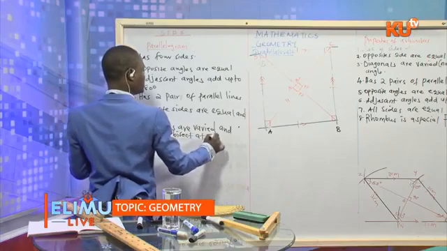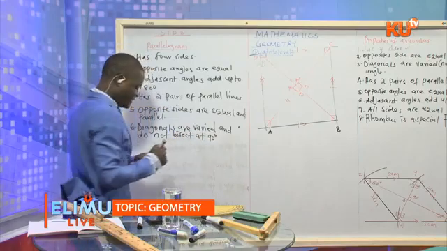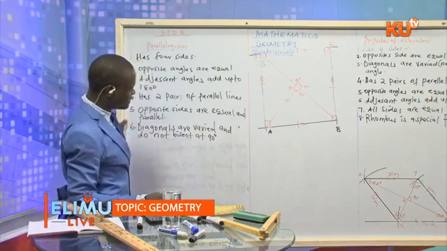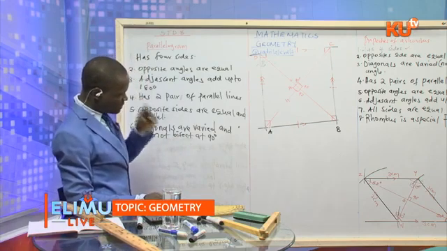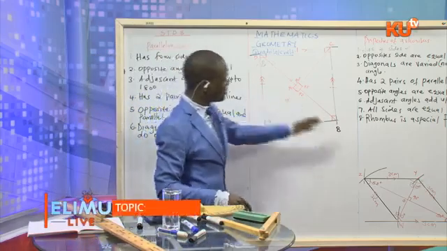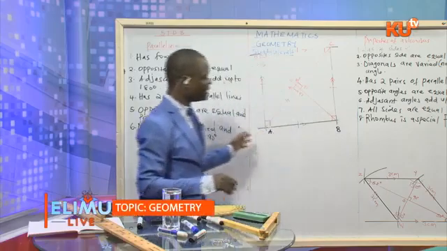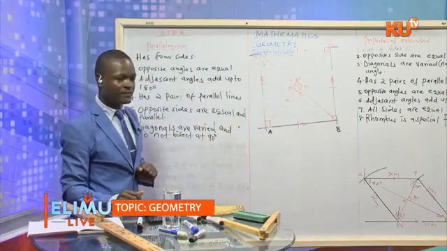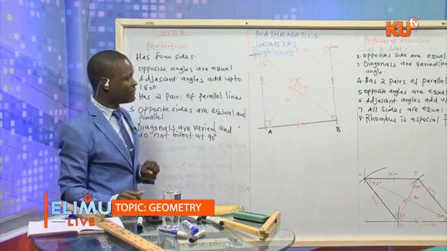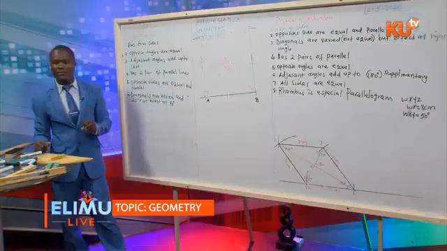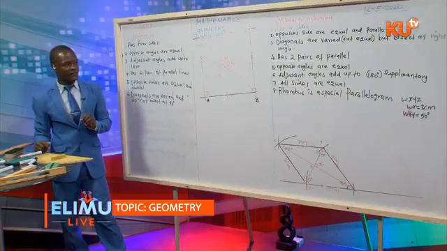at 90 degrees. So learners and viewers, there's another important thing that you need to understand, and this is a question that's always common: a square and a rhombus are the only quadrilaterals whose diagonals bisect at 90 degrees.